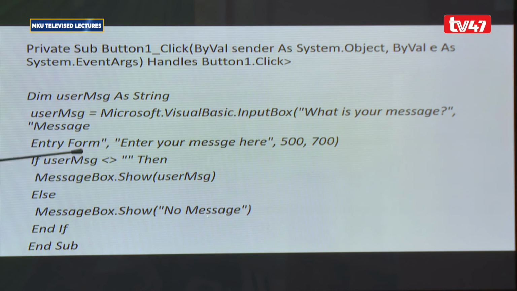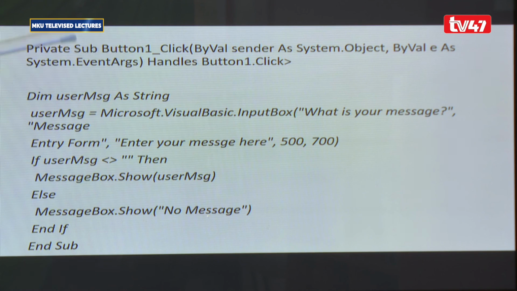Then we say if user message is greater than or equal to, or you have those signs, then MessageBox.Show user message. That is whatever is being displayed there. Else MessageBox.Show "No message". So this code is evaluating if the user types some message, then that is what will be displayed.